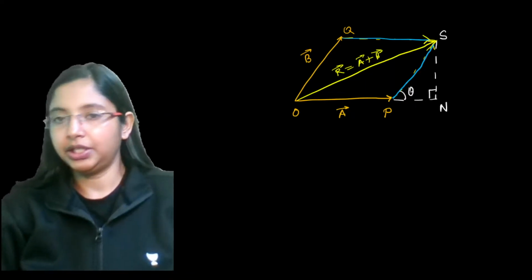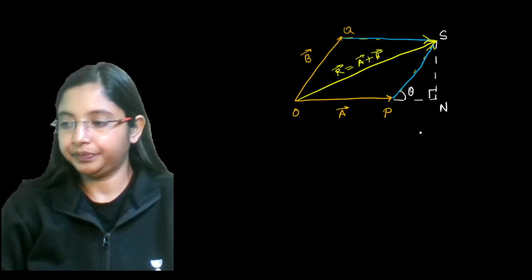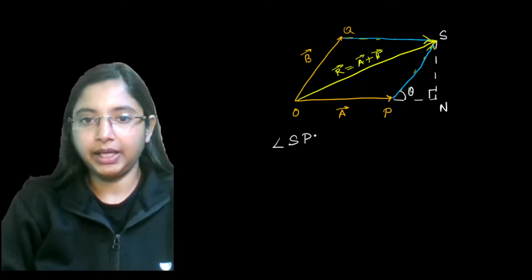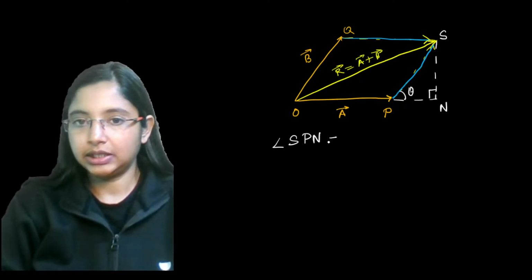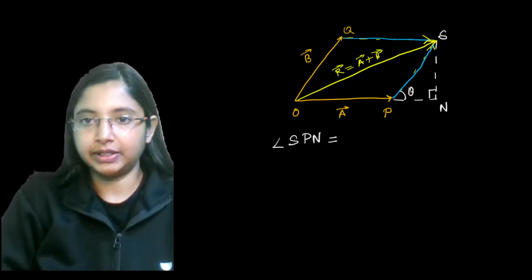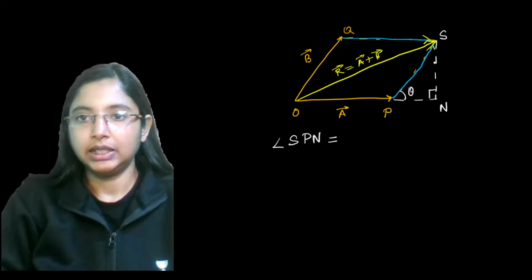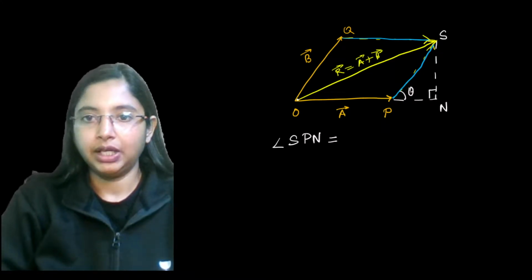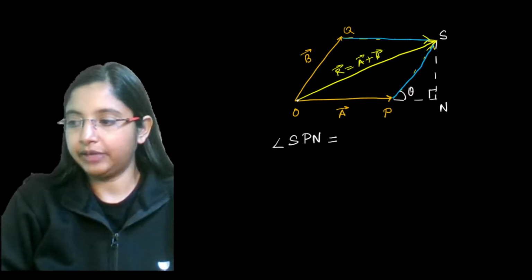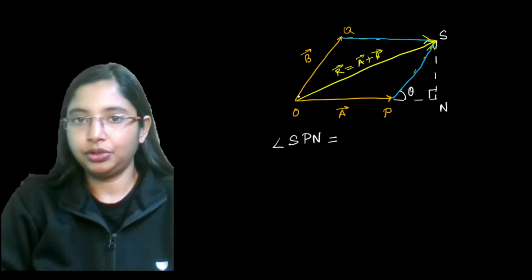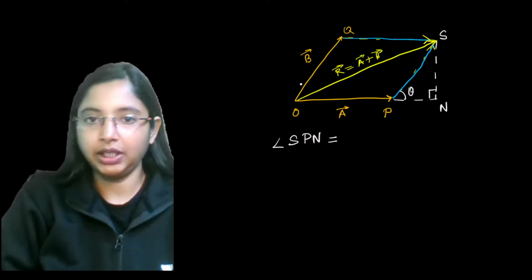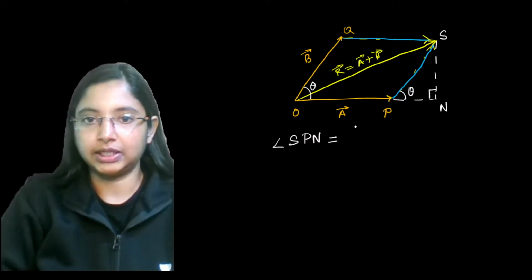Now here you can see the angle SPN will be equal to theta, right? Similar to this angle that we have over here, because this is a parallelogram, we also have angle QOP. This angle is theta, which means this angle over here is also theta.